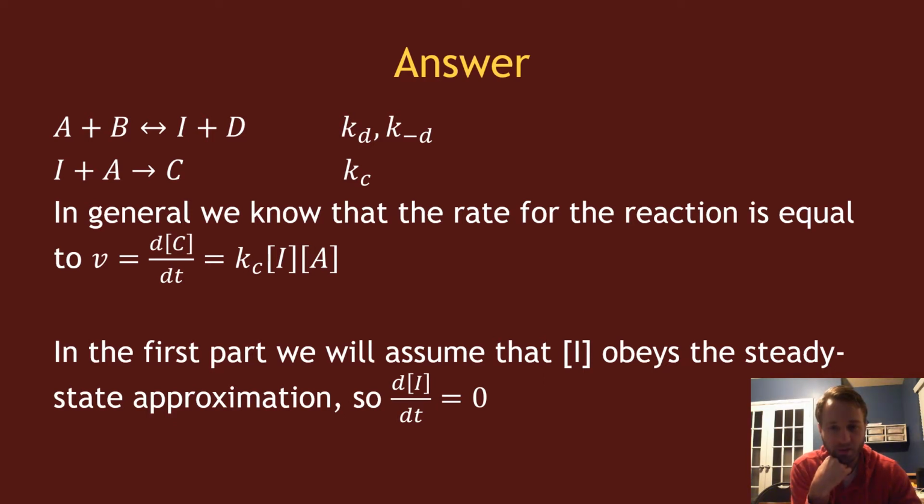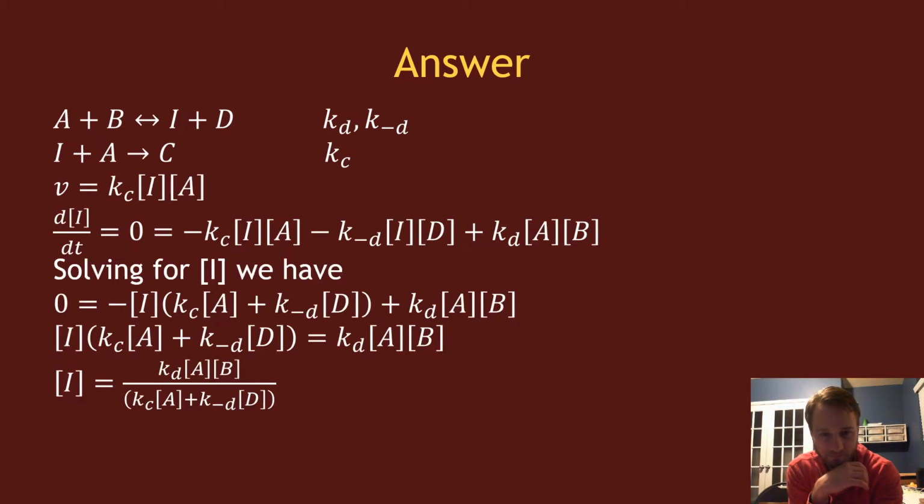If we want to use the steady state approximation, we assume that the change in concentration of I with respect to time is equal to 0. I appears in all three reactions: the forward reaction, the reverse reaction, and then the forward reaction of the third step.